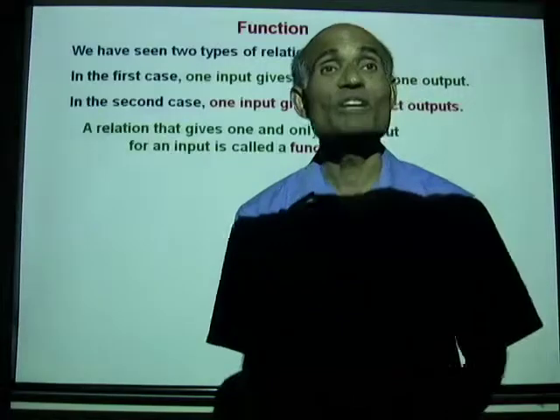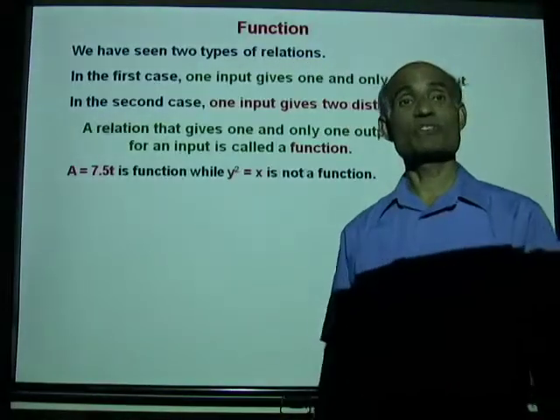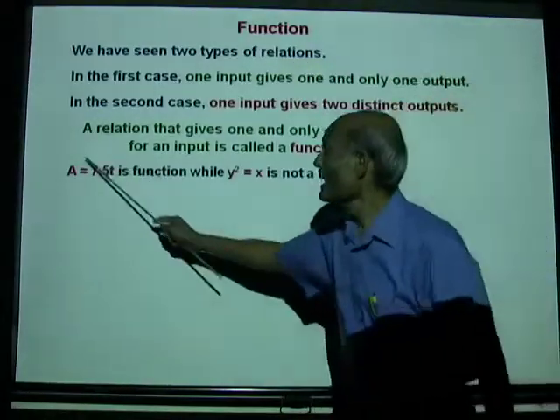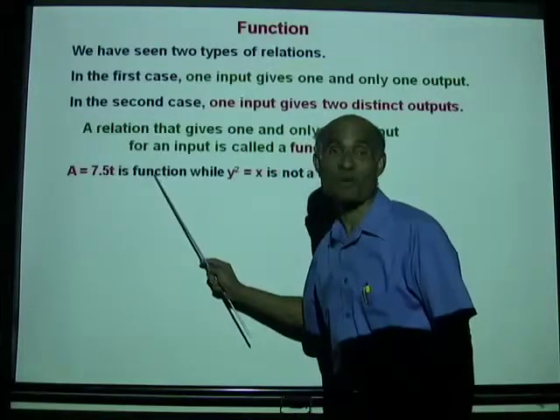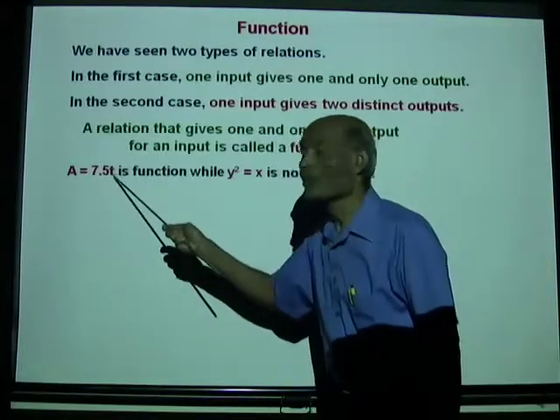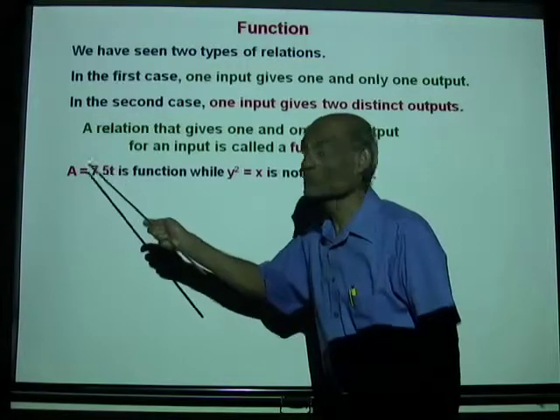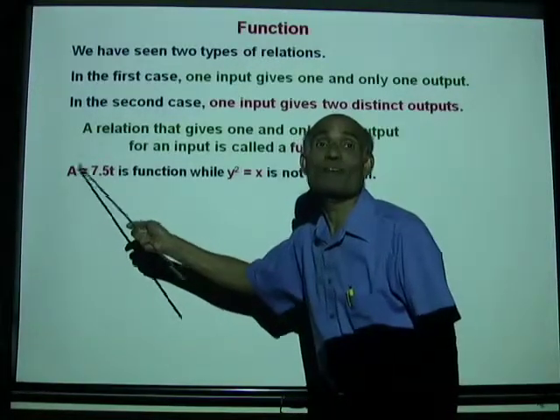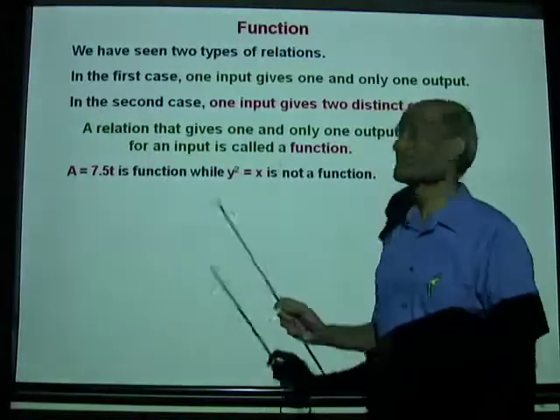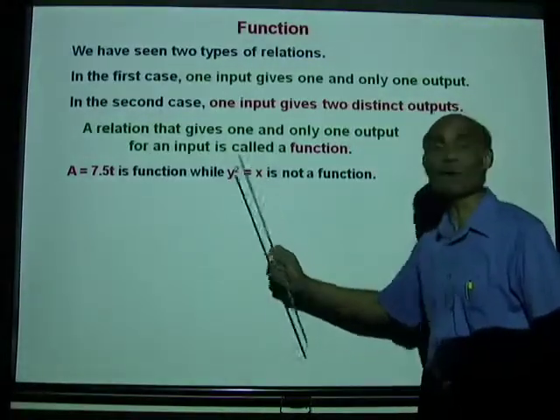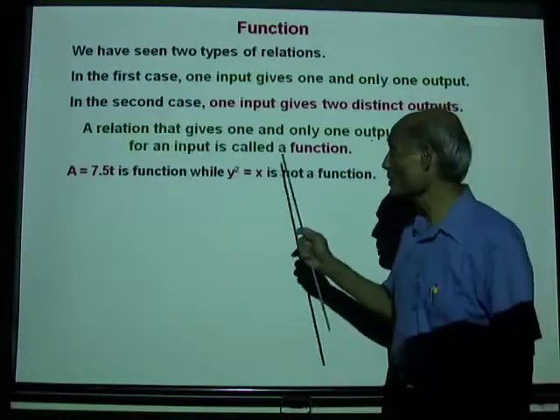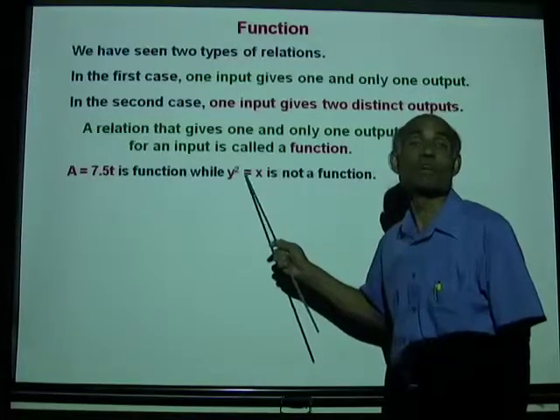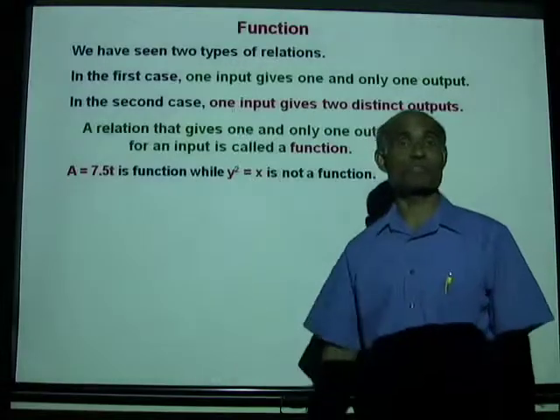And that is the characteristic of a function. Now, a = 7.5t is a function. Why? Because one value of the input gives you only one value of the output. Whereas y² = x is not a function because one input will give rise to two different outputs.